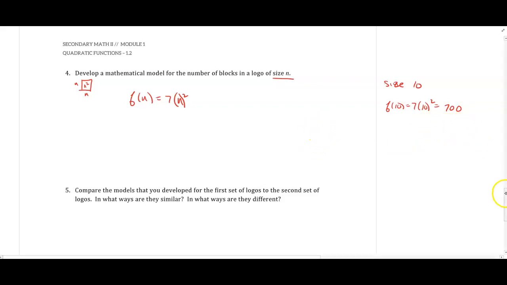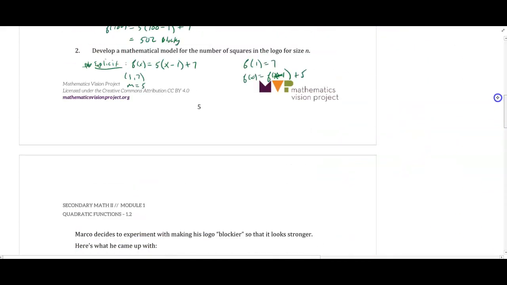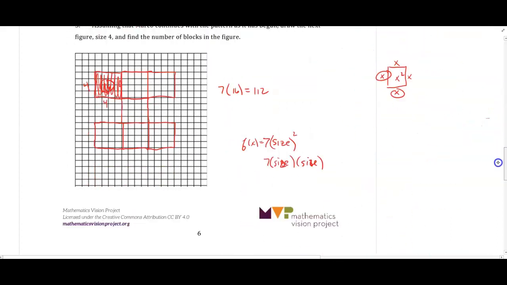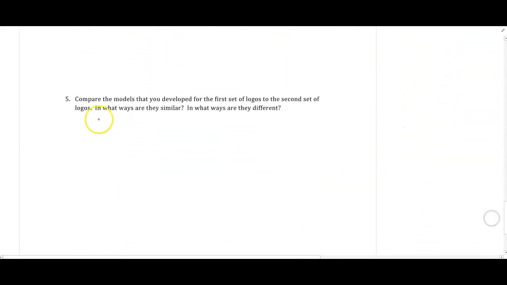Now the difference here is the first logo at the very beginning, if I compare it here, these grew in a linear fashion because we had an arithmetic sequence. So task 1 was arithmetic, whereas task 2 ended up being this new function.